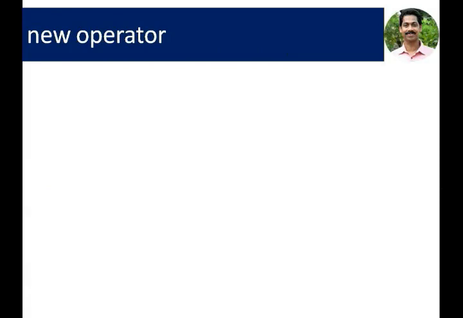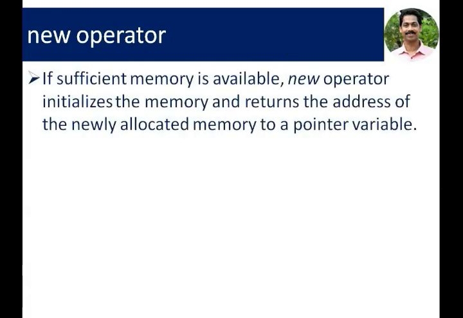Coming to the new operator, if sufficient memory is available, the new operator initializes the memory and returns the address of the newly allocated memory to a pointer variable.